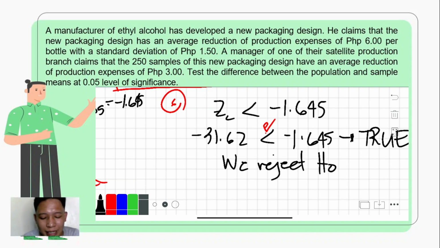As we reject H0, there is enough evidence that the average reduction of production expenses is less than 6 pesos. And that's how we test our hypothesis.